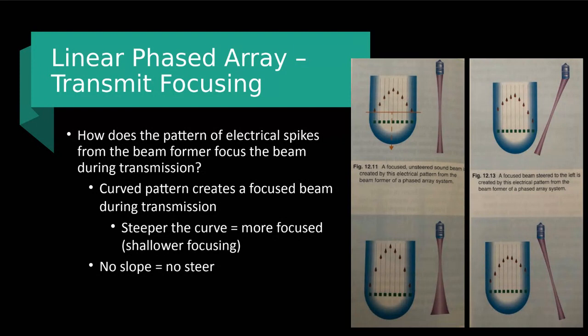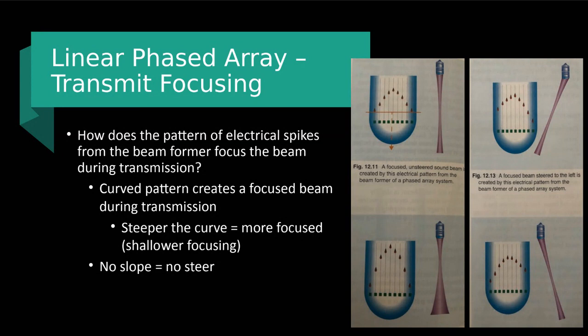So if we excite the crystals in a curved type of phase delay, and we create a curvature, any curvature of those electrical spikes will create some type of focusing. Now, the steeper the curve, the more focused our beam is going to be.